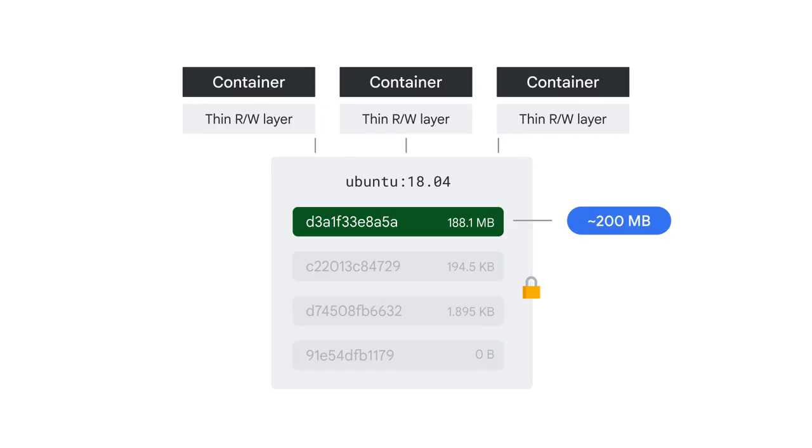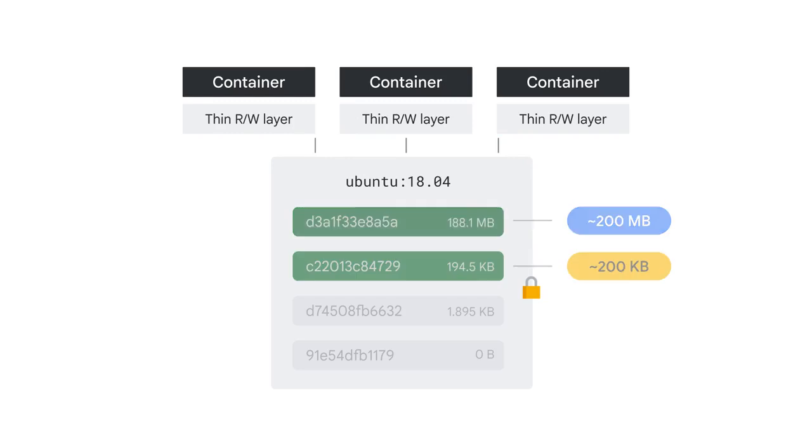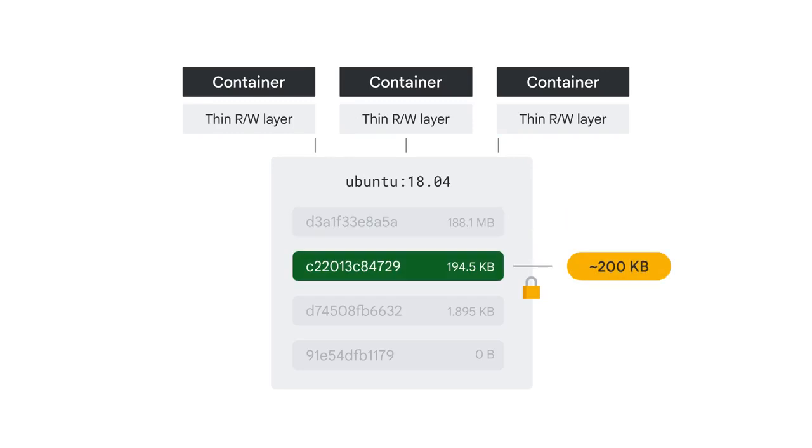For example, a base application image might be 200 megabytes, but the difference to the next point release might only be 200 kilobytes. When building a container, instead of copying the entire image, it creates a layer with just the difference. When running a container, the container runtime pulls down the layers it needs. When updating a container, only the difference needs to be copied. This is much faster than running a new virtual machine.